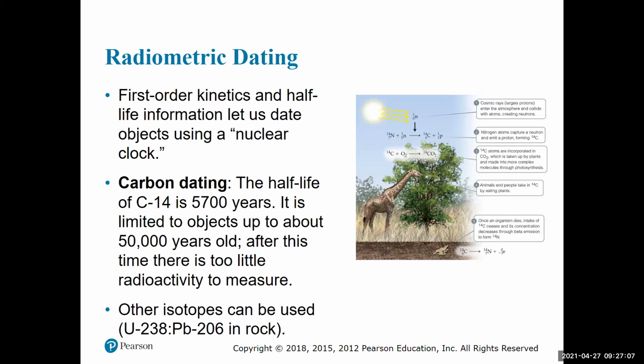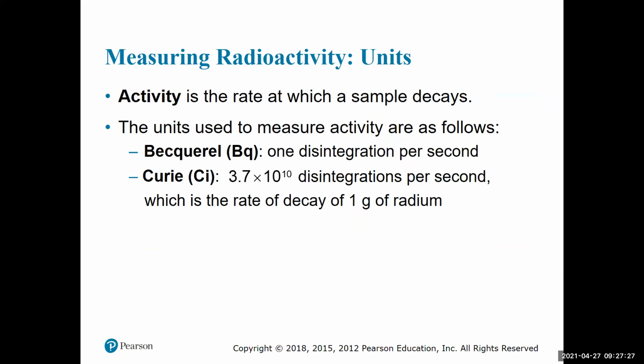And then I guess they use some other isotopes for rocks. They have a uranium one and a lead one there. So that's what we were talking about, something I think most people have heard of, especially when someone finds something real old and they try to figure out how old it is. This always comes up periodically, but that's how it is.